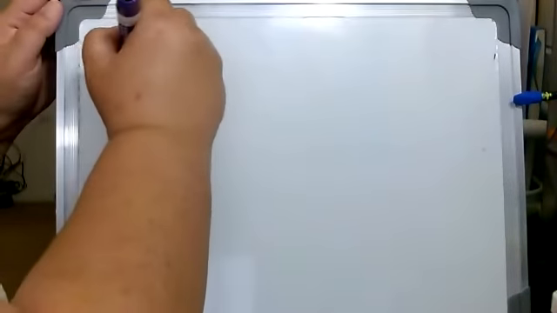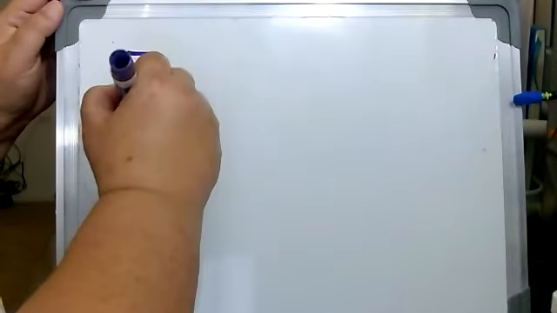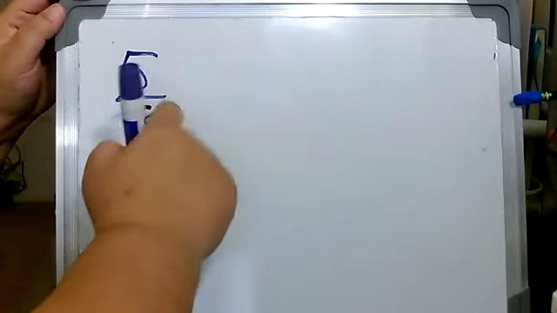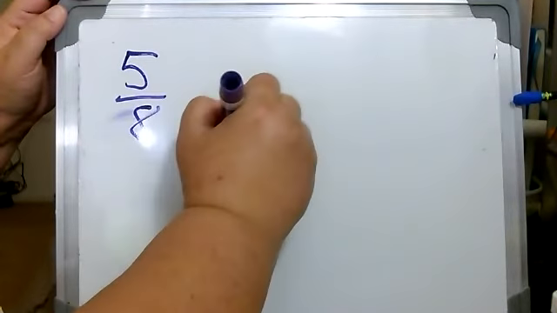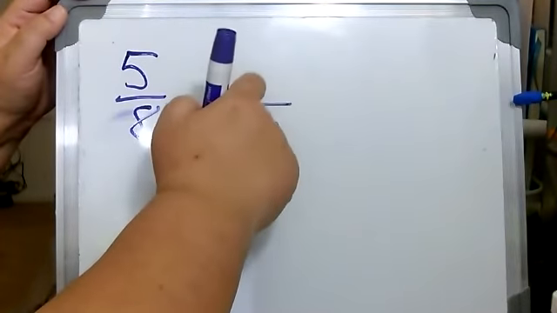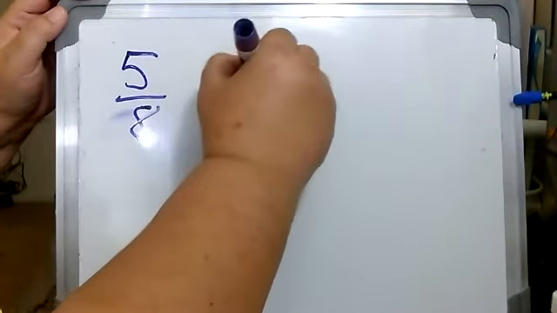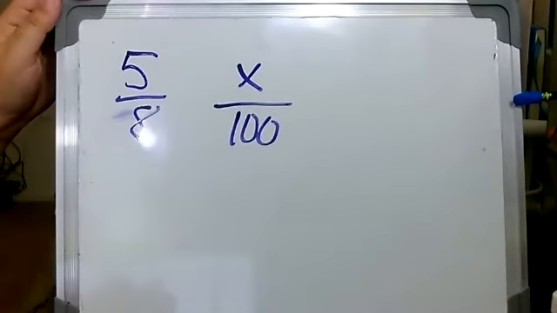This isn't really easier or less easy, but some people may show you how to do this. Say if you had 5/8 like we were doing, and we needed to find out what that percentage was. So we know that it's going to be 100 here, and what we don't know is what's going to go here. So we're going to make that an x, x for the unknown number.